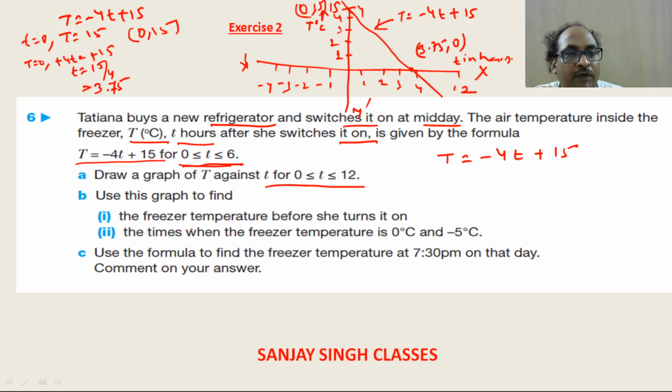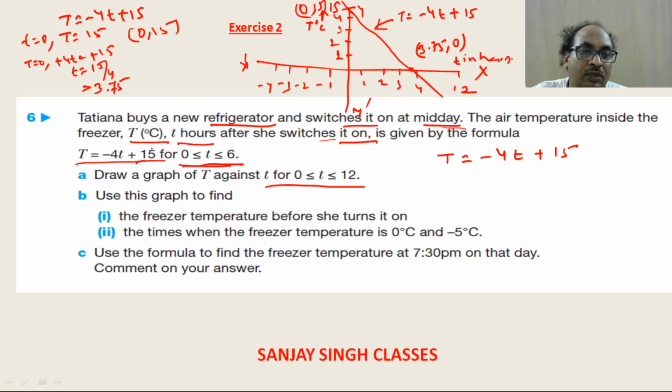Use this graph to find the freezer temperature before C turns it on. Okay, so C is switching it on at midday. The air temperature inside the freezer after C switches it on is given by this formula.